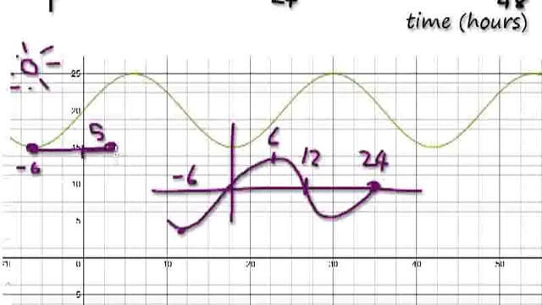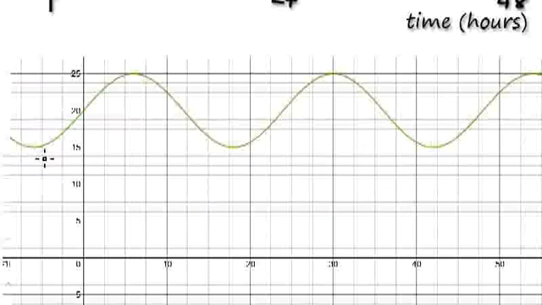Well, if from here to here is 5, and from here to here is 6, then we need to move it across by 11. Okay, hang on, by 11.